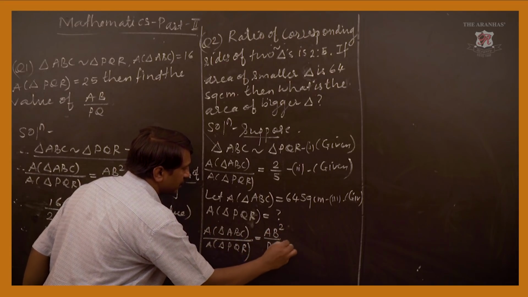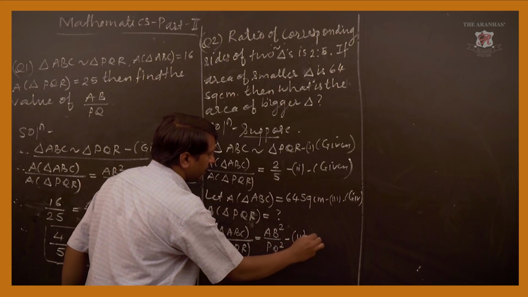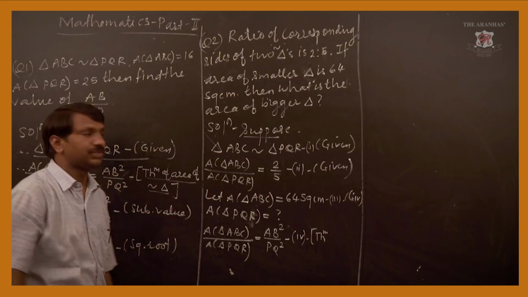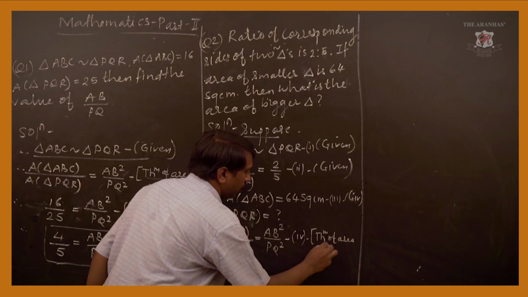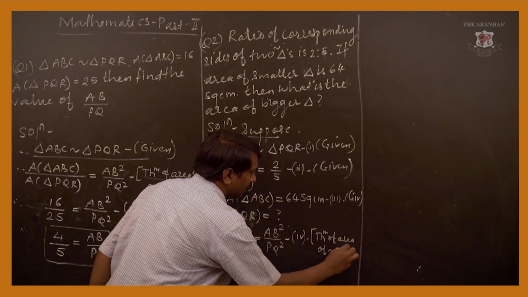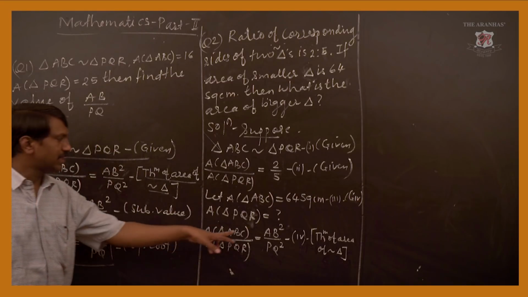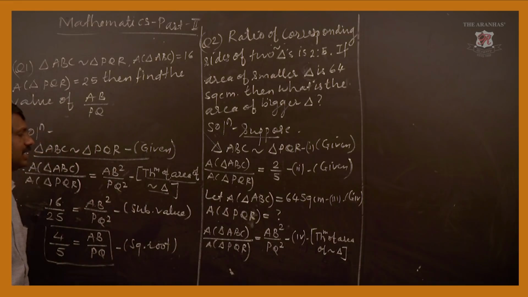This is statement number 4, and the reason is the theorem of areas of similar triangles, that the areas ratio equals the ratio of their corresponding sides squared.